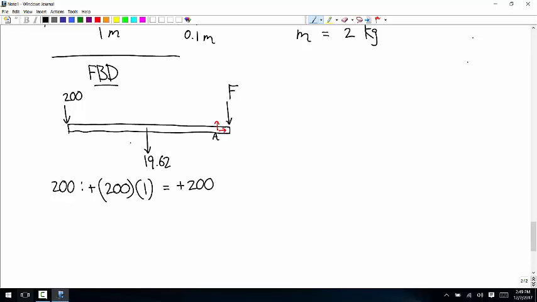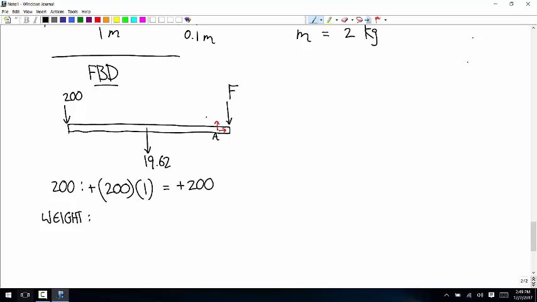And then we have the weight force. How far is it from where the weight's applied to A? Well, that's a little tricky, I guess. The weight acts in the center of that board. So you have to do a little geometry to make this work.